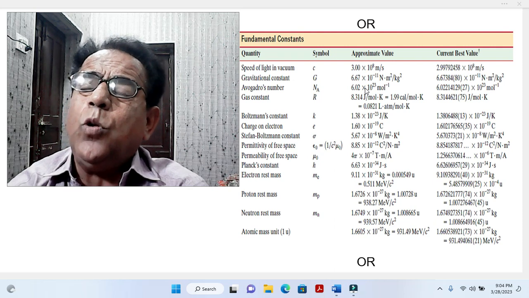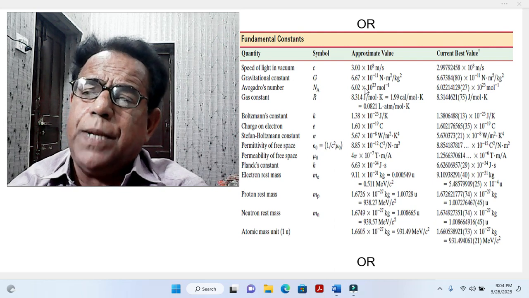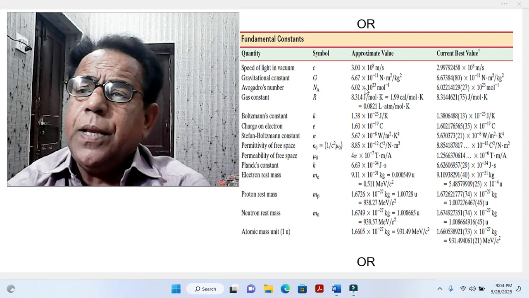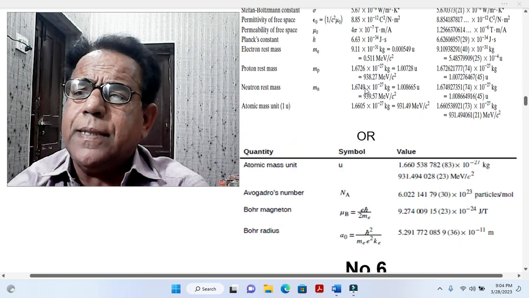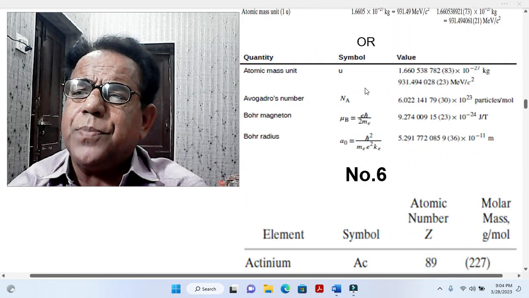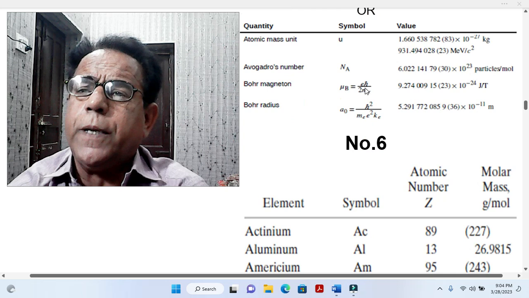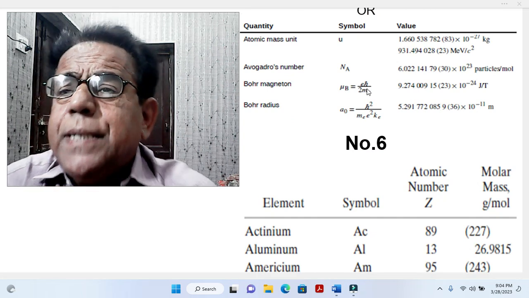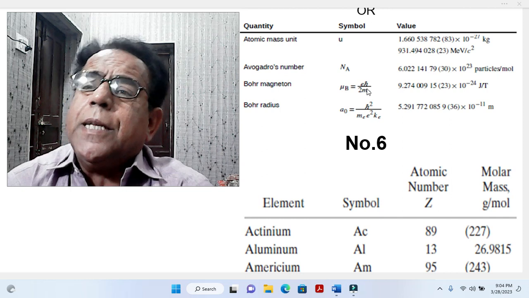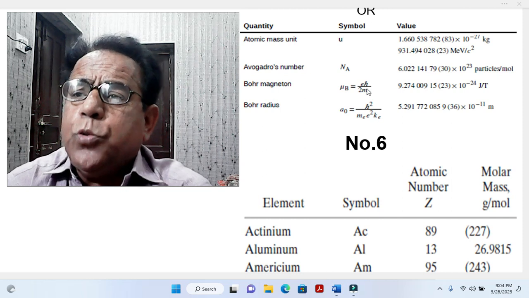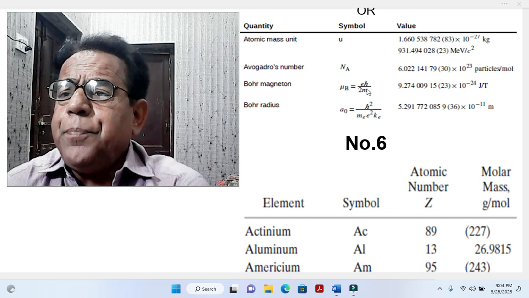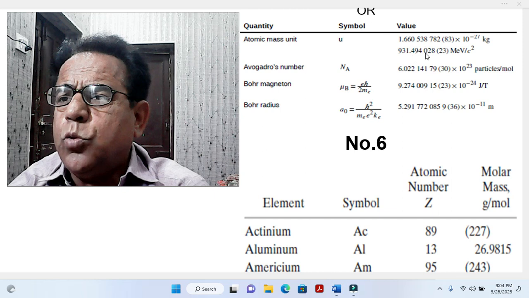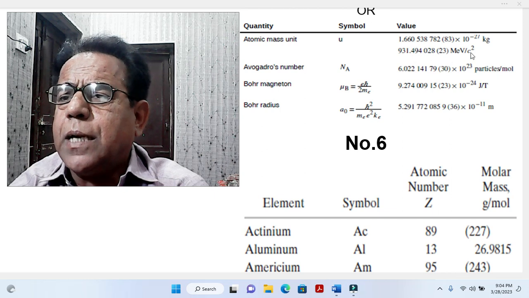It is just an introduction that various books include such tables in a slightly different manner. Here once again the same thing has been repeated from some other book, in which atomic mass unit u is given as 931.494028 million electron volt per c square.